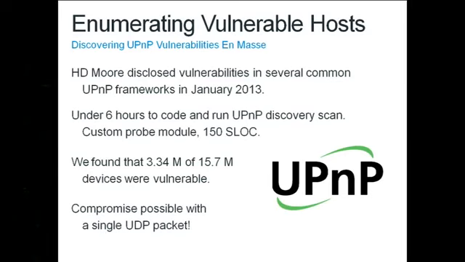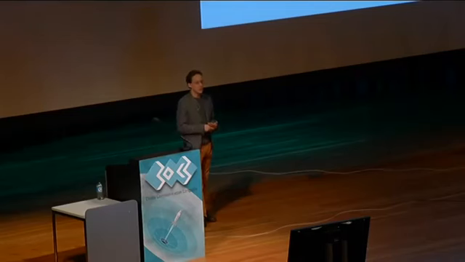In any case, we experimented with this a few times. The first time had to do with these vulnerabilities in UPnP that H.D. Moore announced about a year ago, where several common UPnP implementations had just terrible exploitable problems. They were used in many millions of devices and could give a remote attacker root in just a single UDP packet.